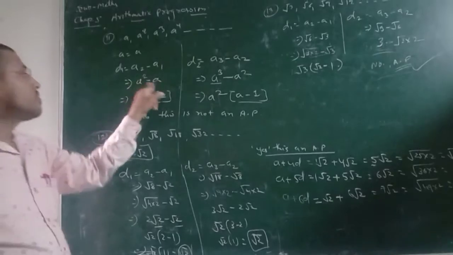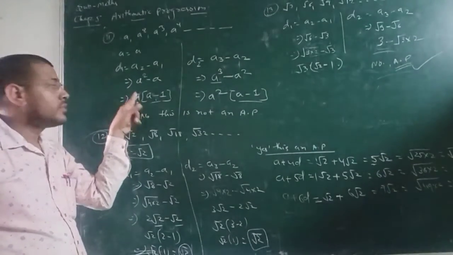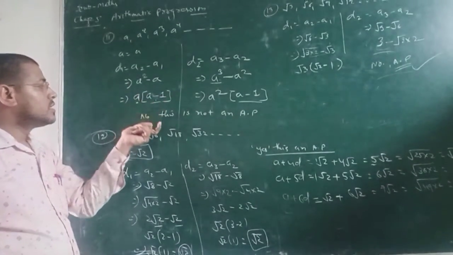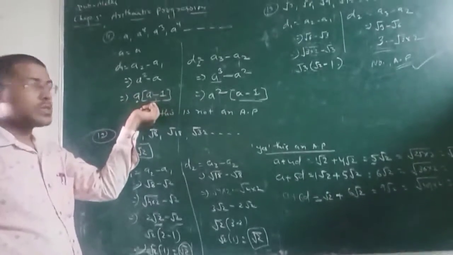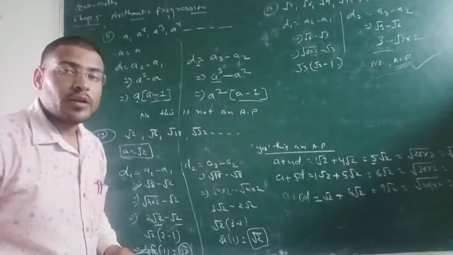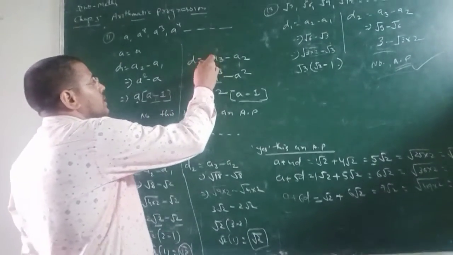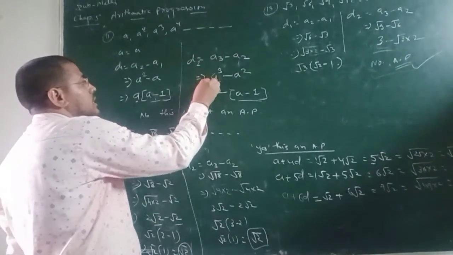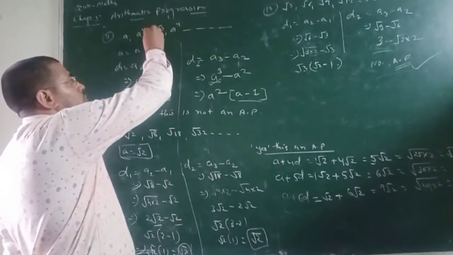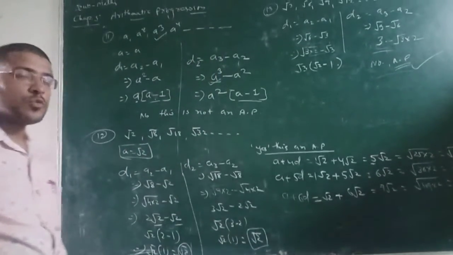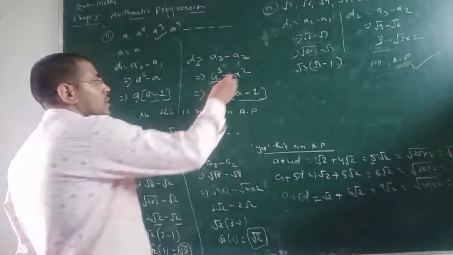Taking the common factor, you get a times (a minus 1), so d is a(a minus 1). Another common difference is to be found, a3 minus a2. The value of a3 is a cube, and a2's value is a square.